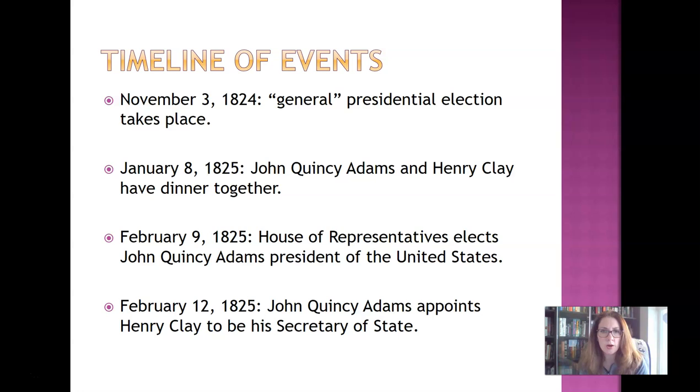And so those are the states that really tipped the balance in favor of Adams. A lot of people think it was the influence of Clay, and he did that so that he could have a higher place in the Adams administration.